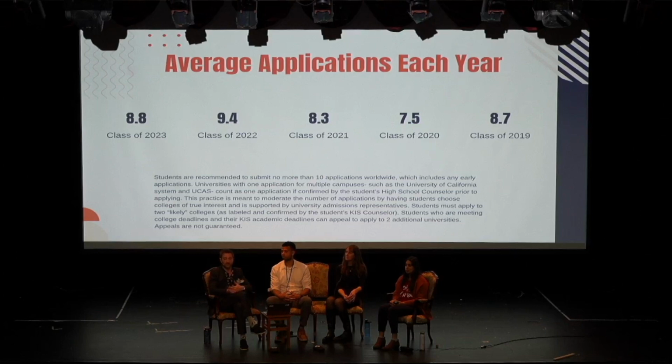So the University of California is just 1 application to a number of campuses. In the UK, you apply through UCAS to up to 5 universities. So that does end up being a little bit more. So there are some more in there, but that's the number of applications that we have. And it is a firm limit. There's not a negotiation for exceptional circumstances.